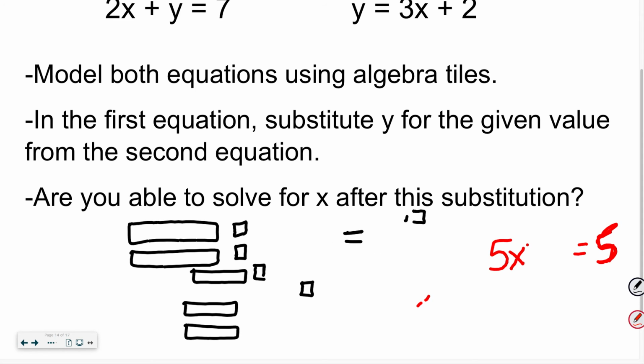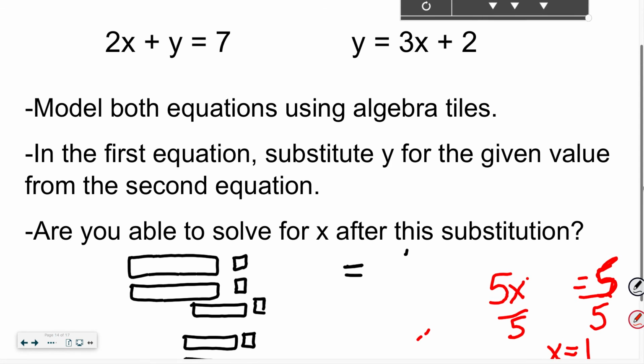So x is 1. You divide both sides by 5, which is what we just did with our tiles. X is 1. If x is 1, what do we have to do to find y?